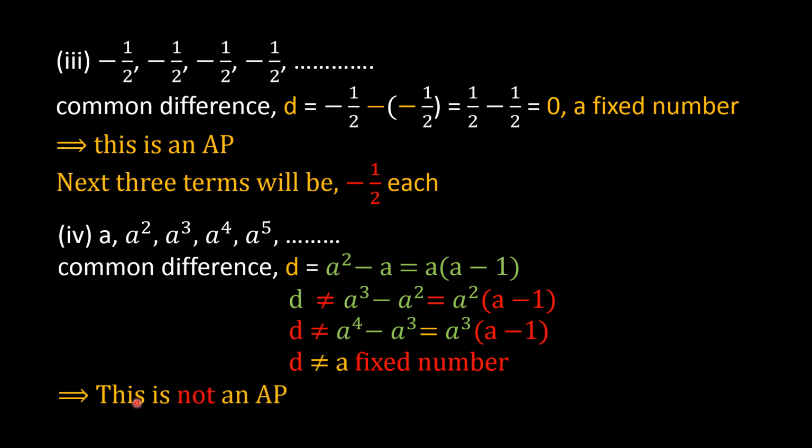Therefore, we conclude that this is not an AP. Since this is not an AP, there is no question of finding 3 more terms. The next list of numbers is root 2, root 8, root 18, root 32, and so on.